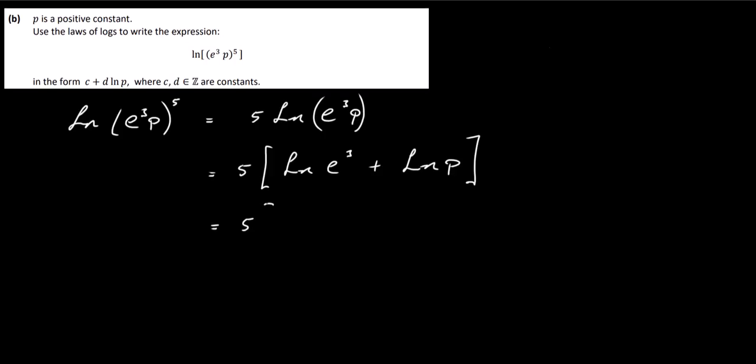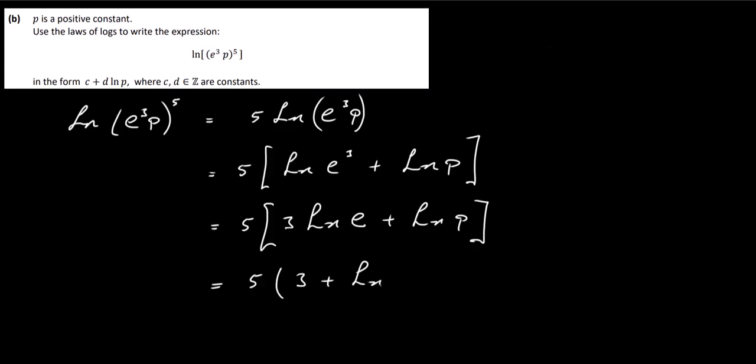So again we have 5 times 3 log e plus log p. Now log e to the base e is just 1, so we end up with 5 times 3 times 1 is 3 plus log p. And then finally we've got 3 5s, 15, plus 5 log p.